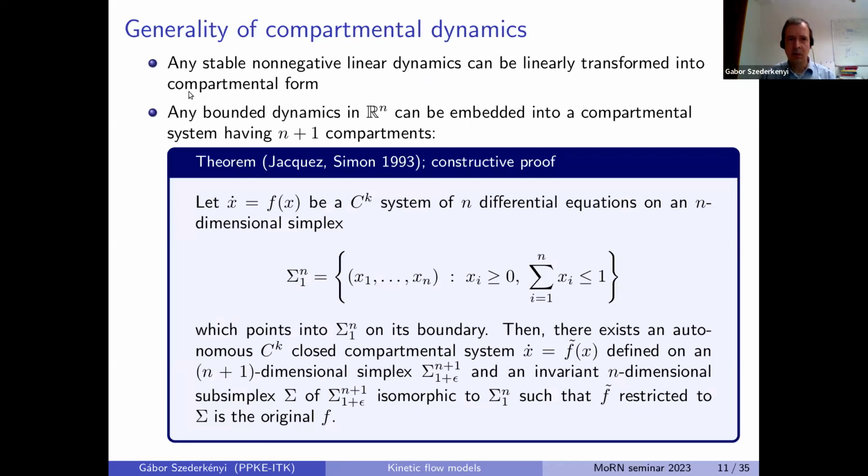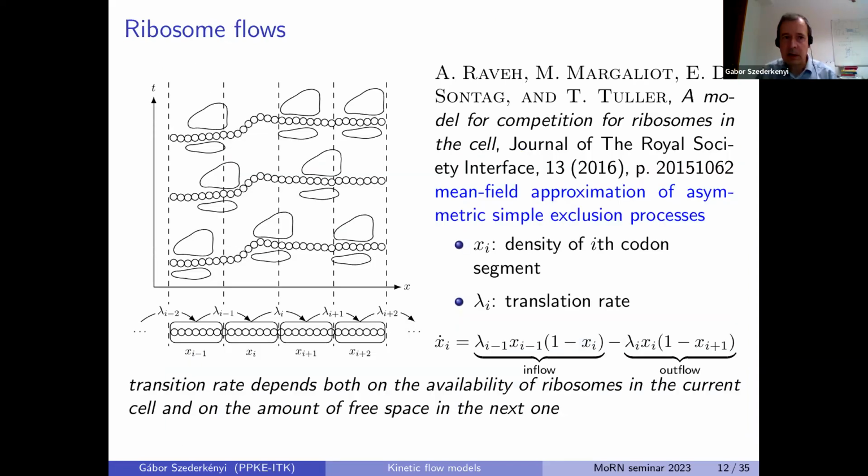I cannot go into the details, but this theorem says that basically any bounded dynamics in R^n can be embedded into a compartmental system having n+1 compartments. And in the linear case, it's even better because through a diagonal positive transformation, any stable non-negative dynamics can be transformed into compartmental form. So this is also a general system class.